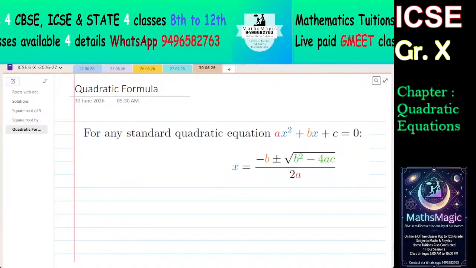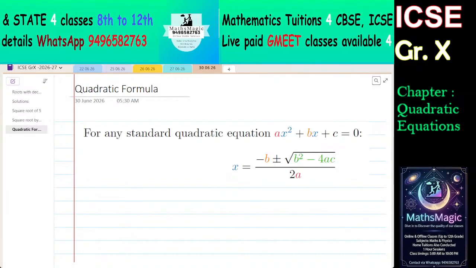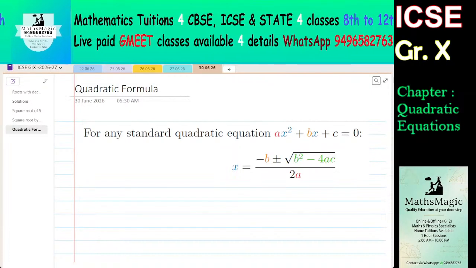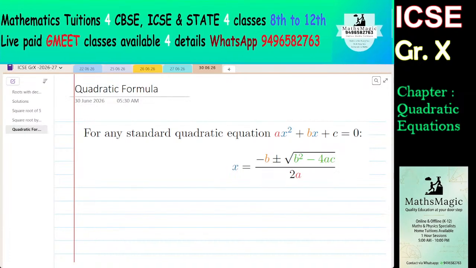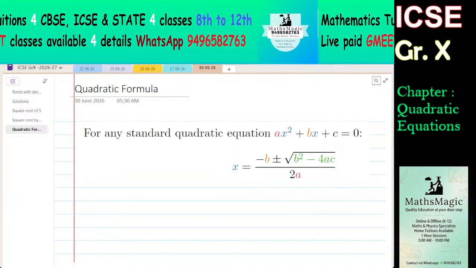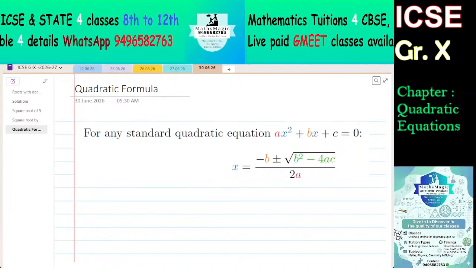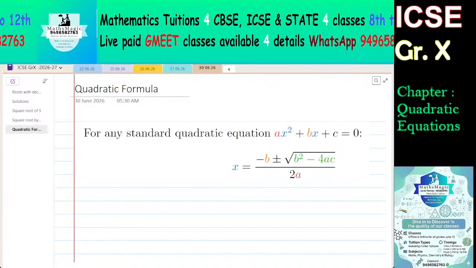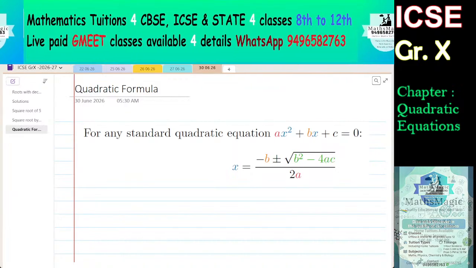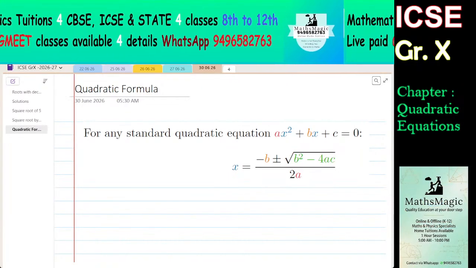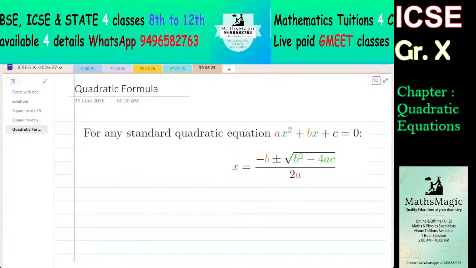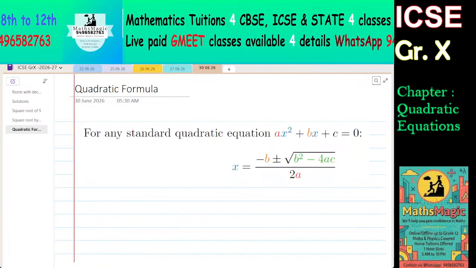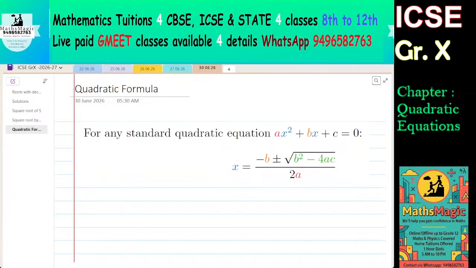Along with this, I'm giving you the rule of the discriminant, that is b squared minus 4ac. You remember, b squared minus 4ac greater than 0 gives two real solutions, less than 0 gives two imaginary solutions. In our case, we won't write imaginary solutions; we'll say that we don't have a solution at all.